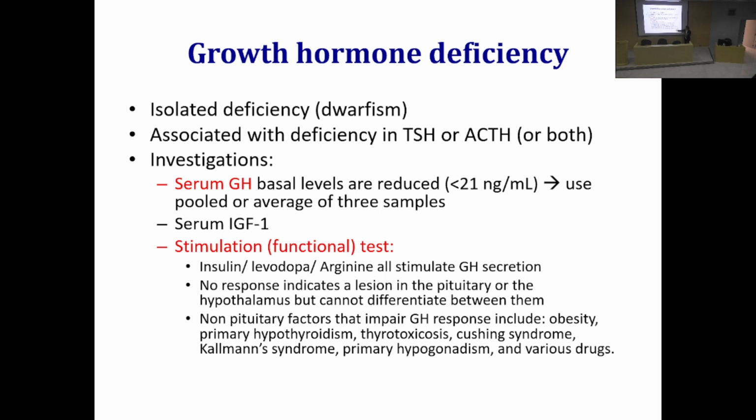And then just to let you know that there are non-pituitary factors that could impair growth hormone response, and this is listed in front of you. I'm not going to go through this list because in endocrinology you will see if you have one axis that is disrupted, more often than not it can disrupt other endocrine functions.